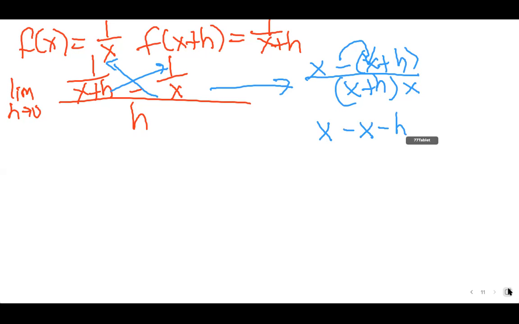Correct? All over x plus h times x. Ayan, hindi ko na naman siya minultiply doon. It's because mas madali natin siyang maka-cancel mamaya. Okay, so as you can see here, we can now cancel the two x's. Okay, x and minus x, that is 0.